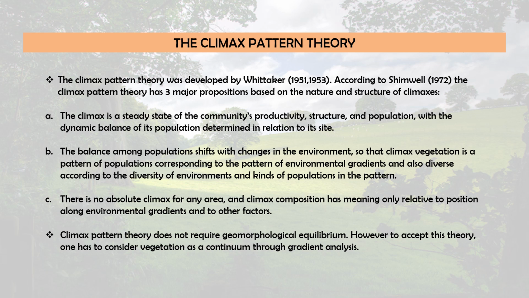They are that the climax is a steady state of community productivity, structure, and population, with the dynamic balance of its populations determined in relation to its site, and the balance among populations shifts with changes in the environment, so that the climax vegetation is a pattern of populations corresponding to the pattern of environmental gradients, and they diversify according to the diversity of environments and kinds of populations in the pattern.